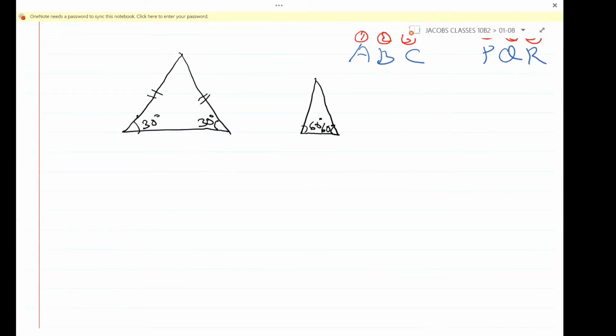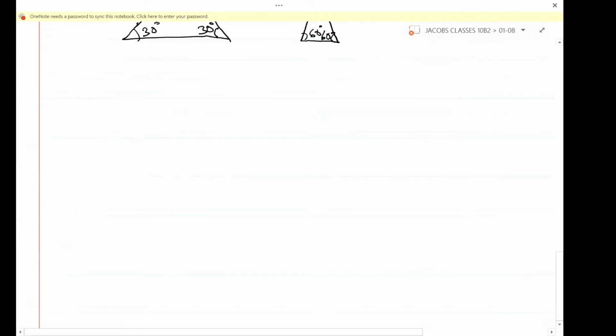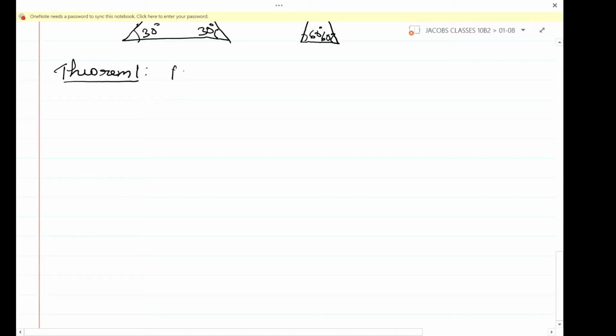Now the next heading is Theorem 1, Basic Proportionality Theorem.